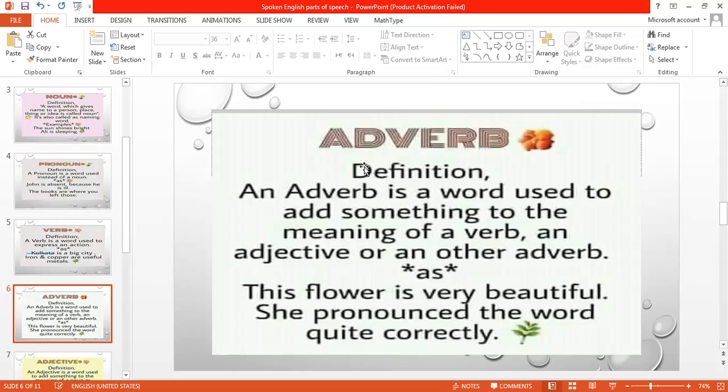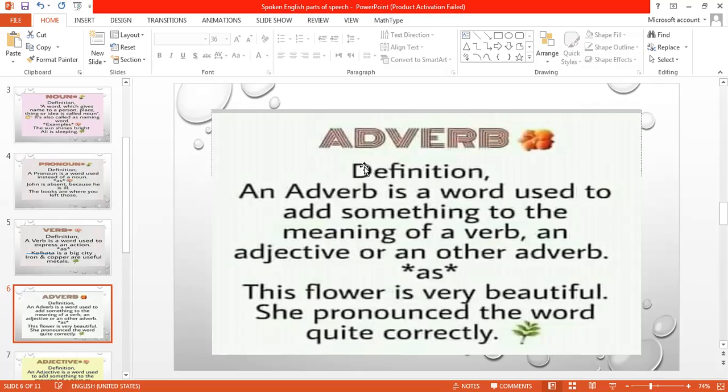For example, this flower is very beautiful. And she pronounced the word correctly. So correctly is an adverb. It means she is pronouncing the word correctly. He is moving very fast. Okay, they are doing their work superbly.